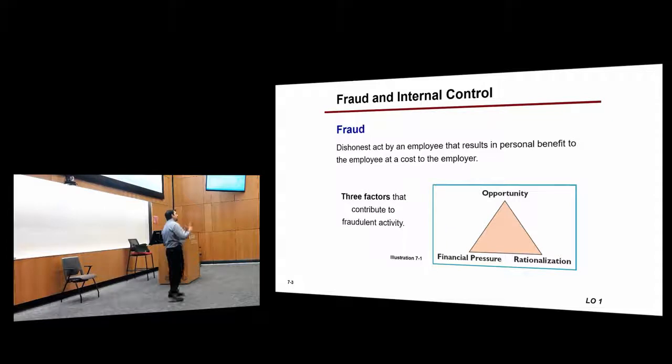This is how they start rationalizing it. Or sometimes they think, I'm not stealing the money, I'm just borrowing it to invest in a certain company, and then I will bring the money back. Okay, what happens when you lose that money? You borrow some more money to cover the first money that you stole. This is what happens in real life. So this is why employees start rationalizing that.